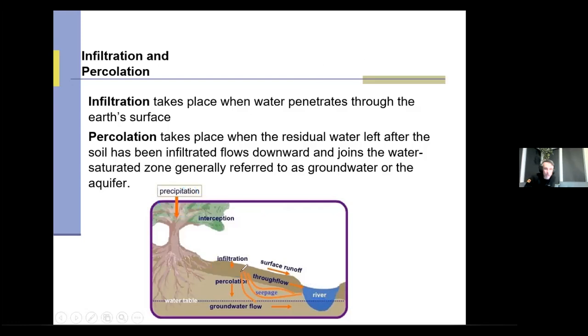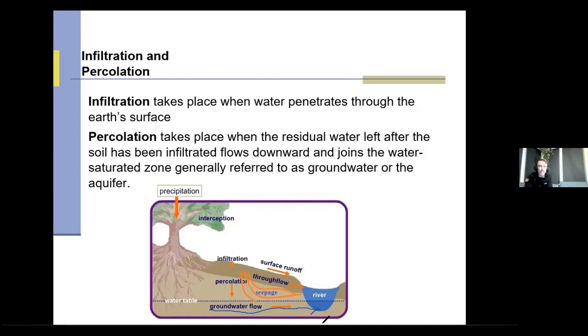If it keeps going, it's going to percolate over time into the groundwater flow. And you can think about the groundwater flow as an underground river. It moves really, really slow. And it always moves towards a body of water. So in this case here, that groundwater is moving towards this river.